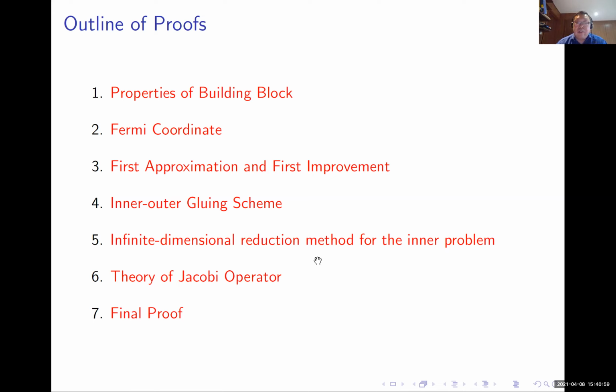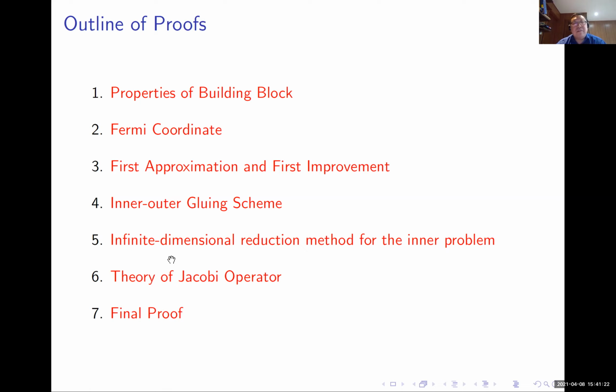For the inner problem we use the infinite dimensional reduction, and for the second step we need some theory of the Jacobi operator, and finally we can prove the theorem.